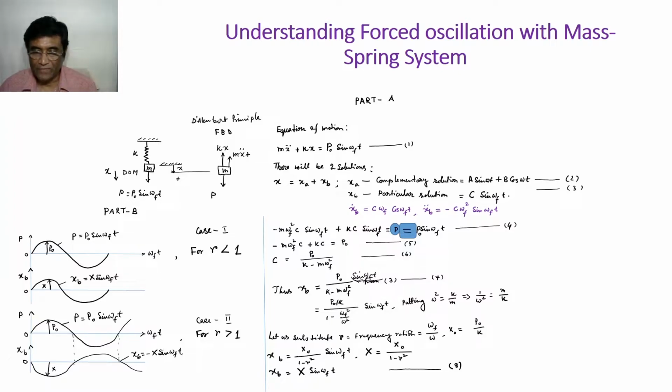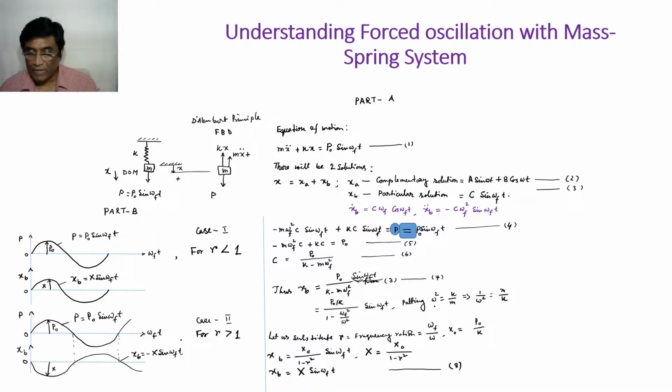Now for simplification, we are dividing both numerator and denominator by k, so P0 divided by k, and the denominator becomes 1 minus omega f squared divided by omega squared. Omega f is the circular frequency of the external force or external excitation. Omega is the circular frequency of the system, the natural frequency.